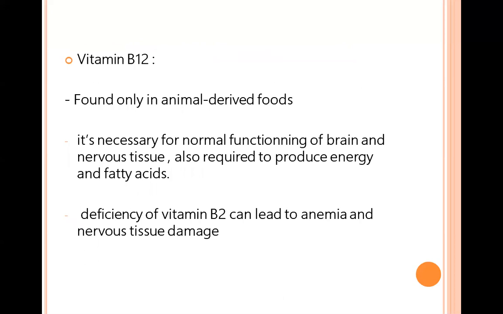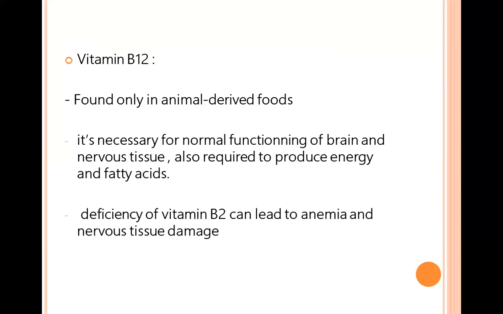Vitamin B12 you can find only in animal derived foods. It is necessary for the normal function of the brain and the central nervous system. It is also required to produce energy and fatty acids. Deficiency of vitamin B12, for example, can lead to anemia and nervous tissue damage.